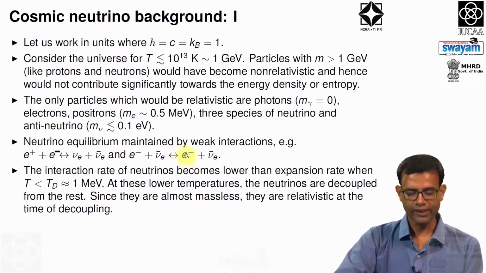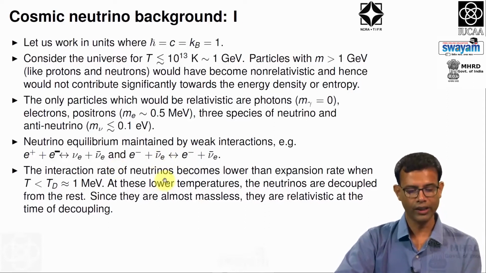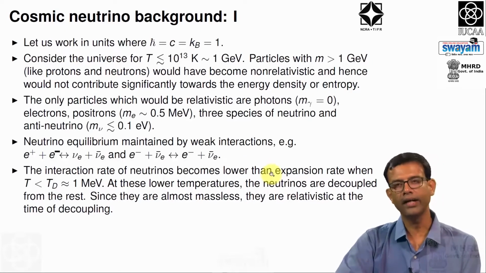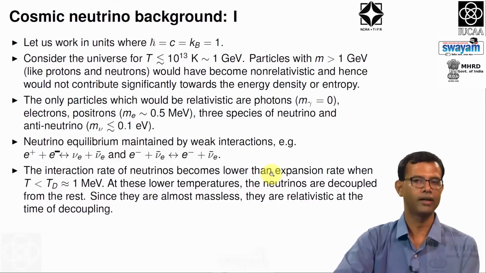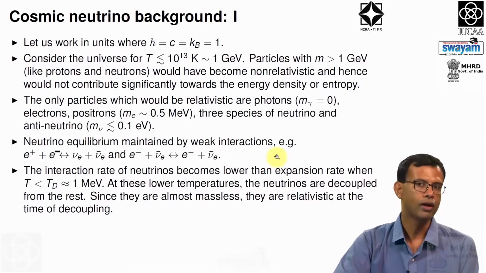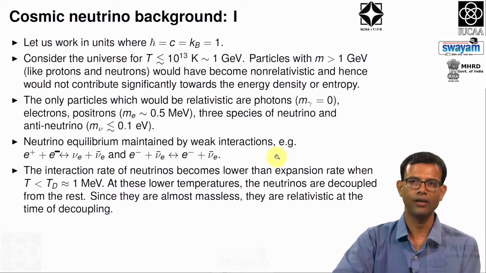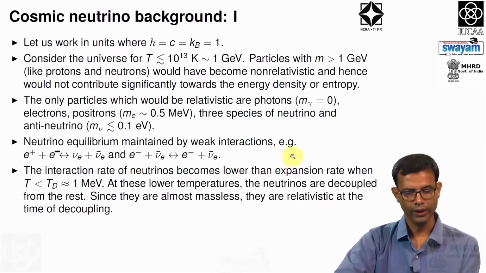So, as the universe expands, the interaction rates of the neutrinos with the other species become lower, and at some point they become lower than the expansion rate, such that they hardly interact. Okay? You have to wait till the age of the universe for one interaction. So, for all practical purposes, they have become kind of free, they do not interact anymore.